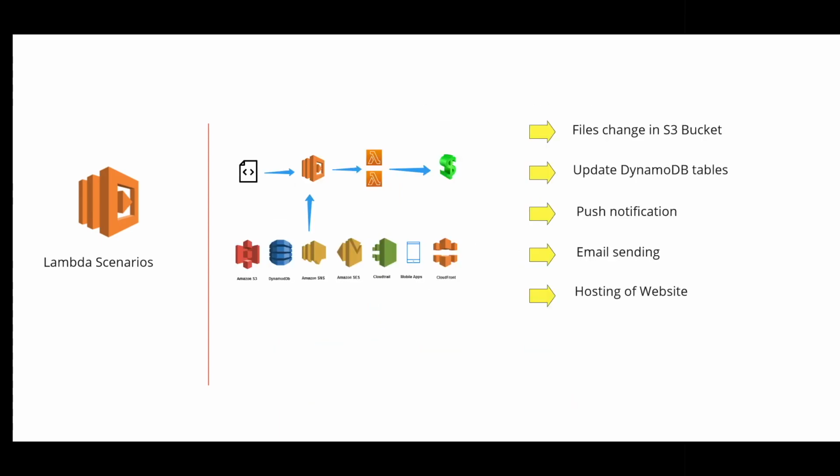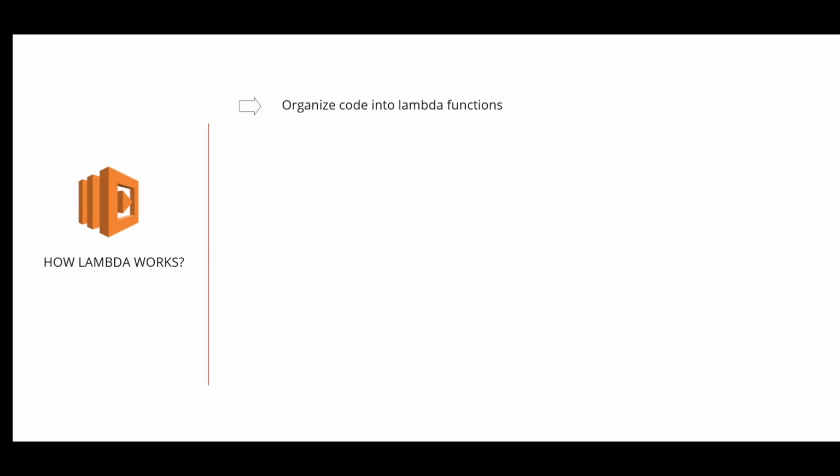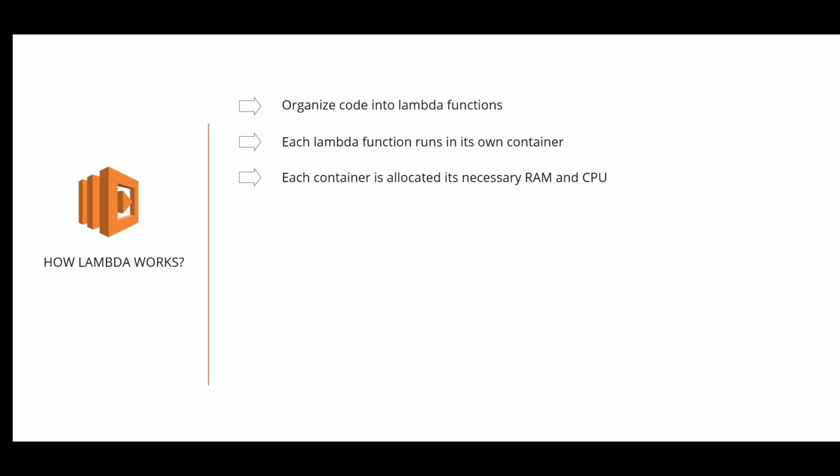So what are the popular triggers that can happen? For example, any change in the S3 bucket, any update to the DynamoDB tables, push notifications, hosting of websites, etc. Basically, in a serverless model, the user needs to organize code into Lambda functions, and each Lambda function runs in its own container. Before the function starts running, each container is allocated its necessary RAM and CPU capacity.